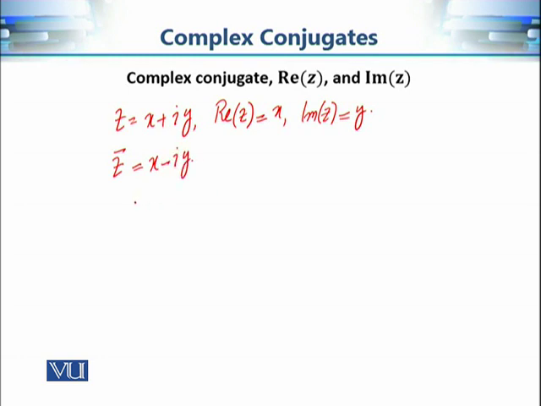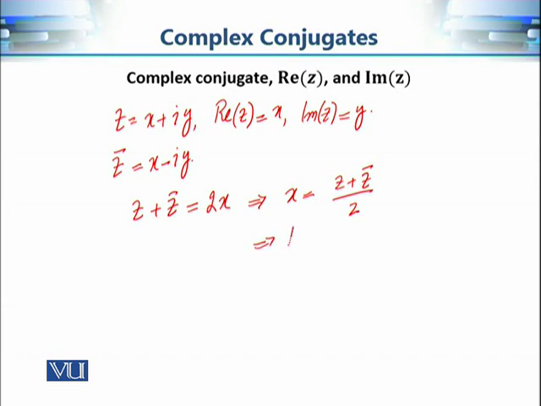Now if I add z plus z conjugate, then iota y and minus iota y will be cancelled and I'll be getting 2x. So this implies that x is equal to z plus z conjugate divided by 2.